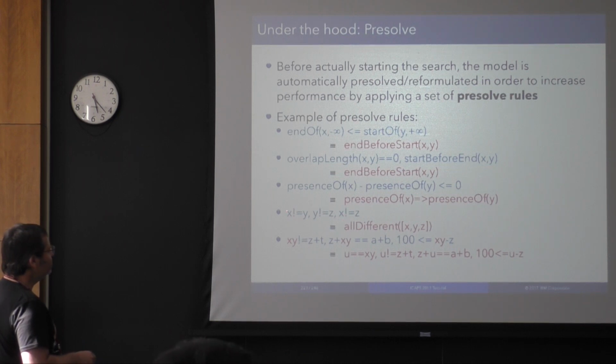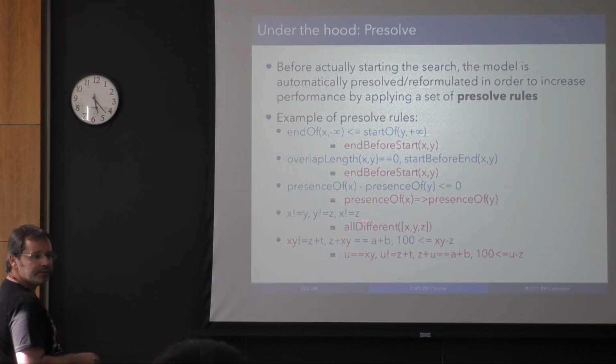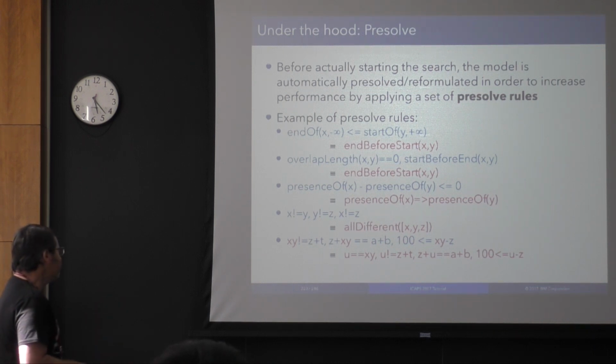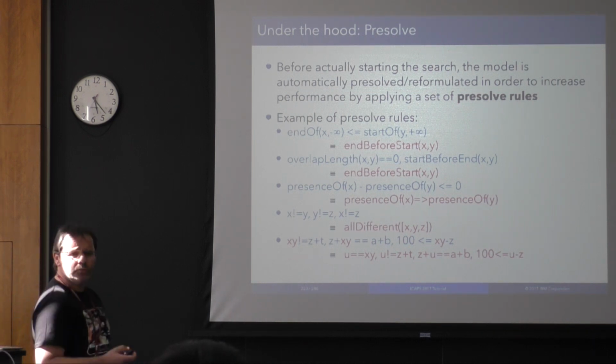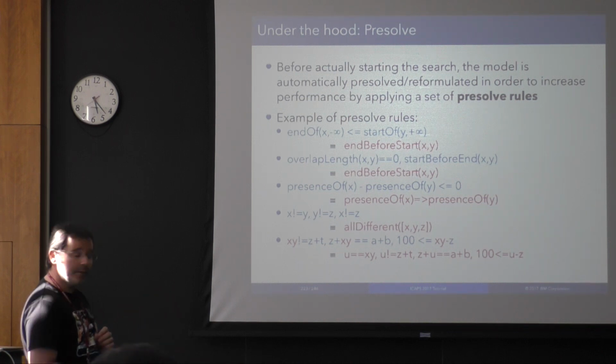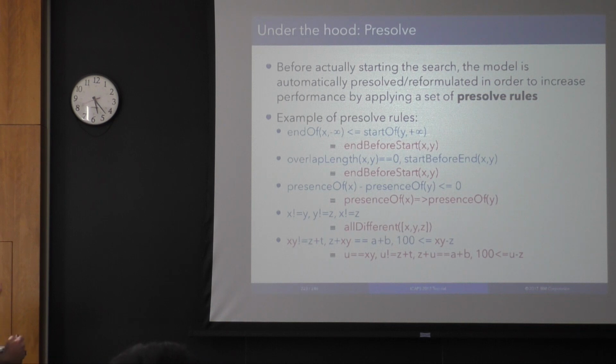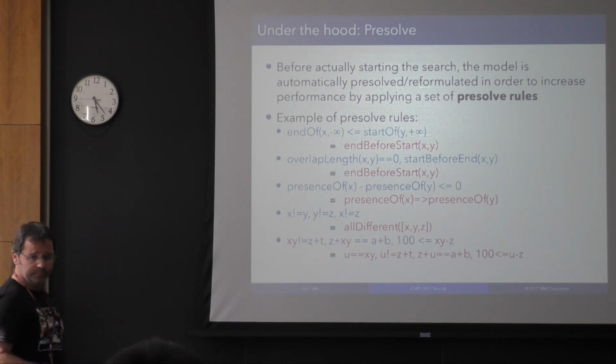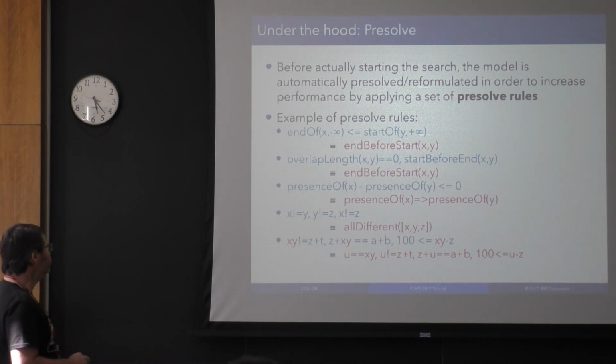We try to find some cliques, for instance, of different variables to put a global allDifferent constraint. We also try, when we have expressions, to do some common sub-expression elimination. This increases the propagation. We have many rules, and they're applied before solving the problem.